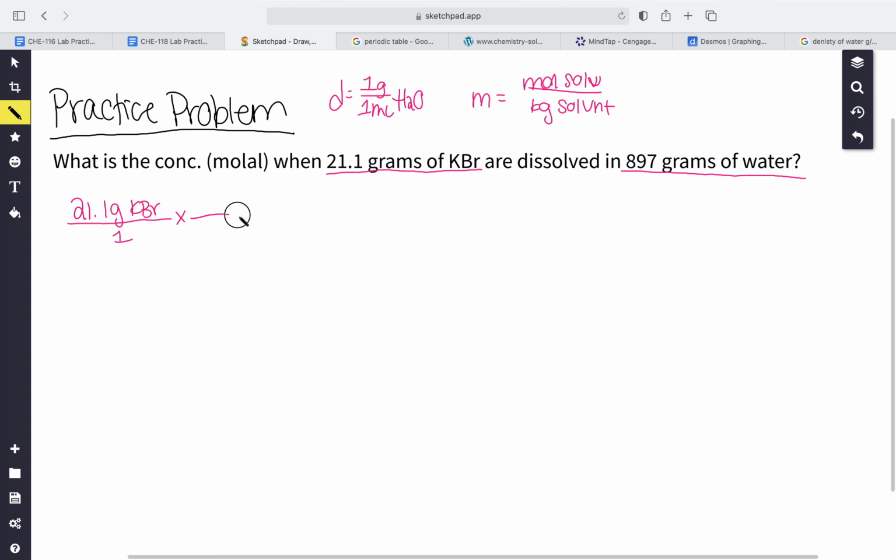So divide it by 119 grams KBr per 1 mole of KBr. Okay, so 21.1 divided by 119 will give us 0.177 moles of KBr.